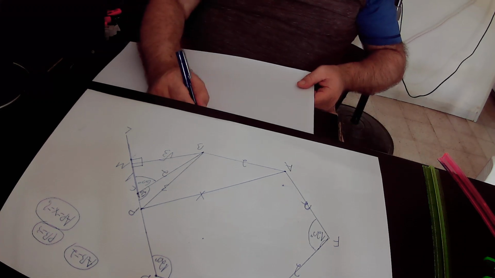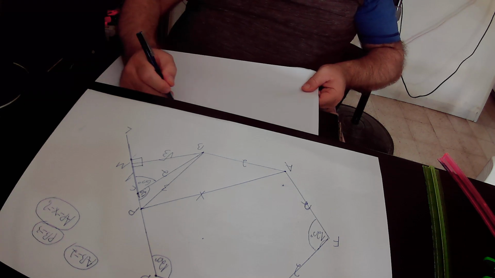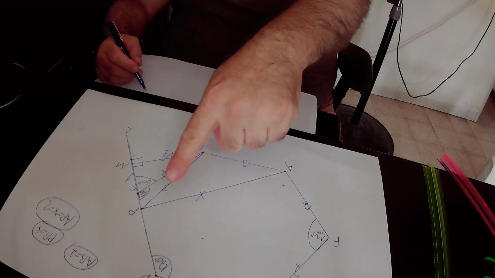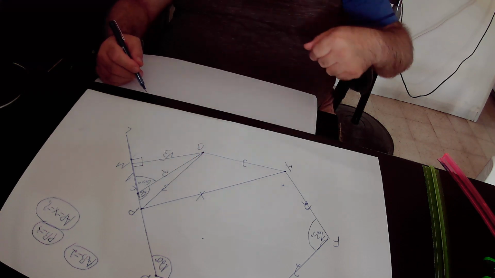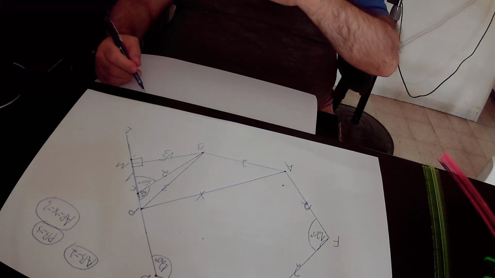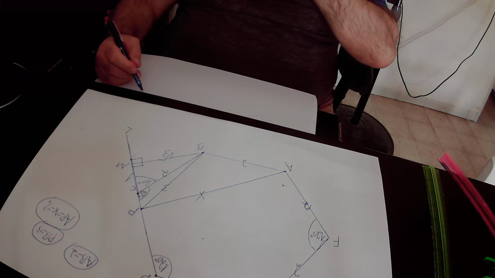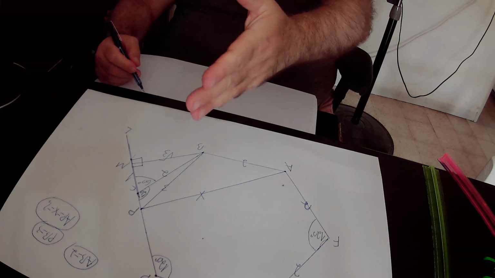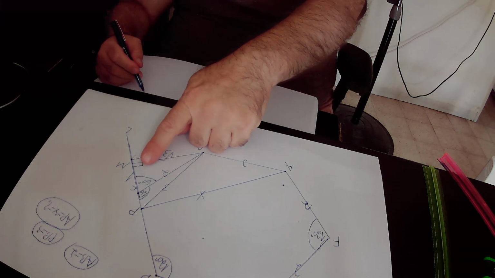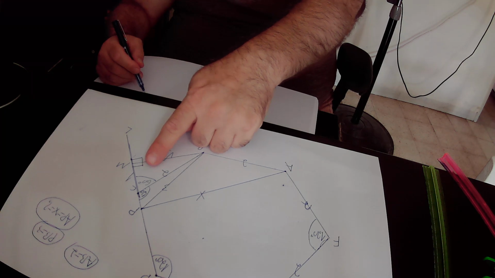In the next step, we will focus on the right triangle PMB. I will copy triangle PMB in a new page and we will implement the Pythagoras theorem. CM equals 1 unit.